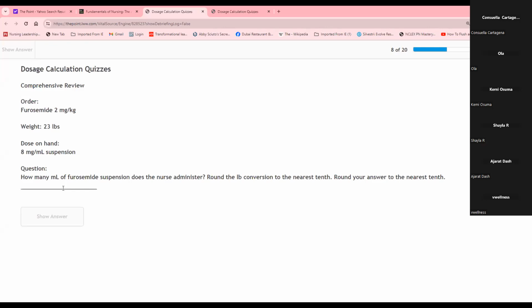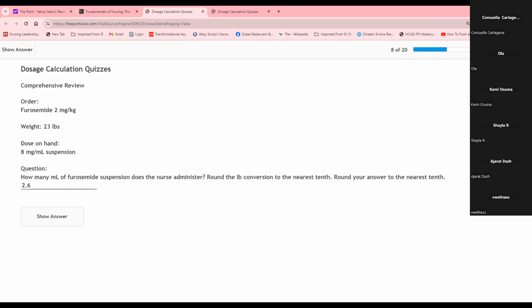Something close to it, I got 2.5. All right, it should be 2.6. Did you clear your calculator? Okay, remember, we don't clear the calculator. So you should have started with 23 in your calculator.